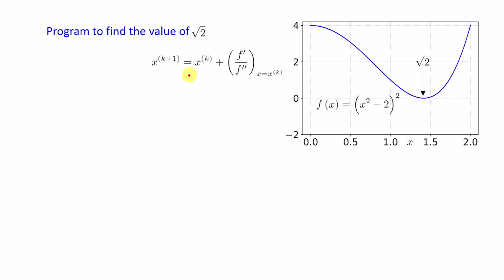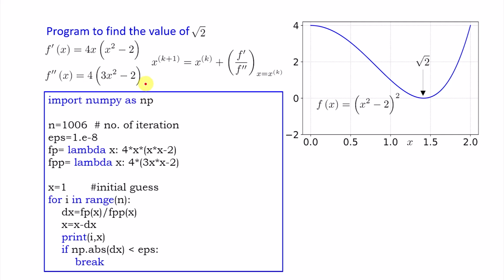Now we can use this Newton-Raphson algorithm to figure it out, and we need this f prime and f double prime. We have the fx here, so our f prime is simply the derivative of this. That will give us 4x times x square minus 2, and then we need the double derivative that will give us 3x square minus 2. So now we can write a Python program.